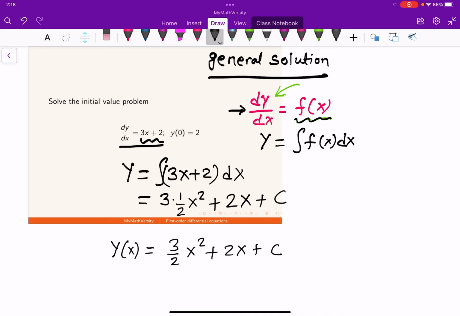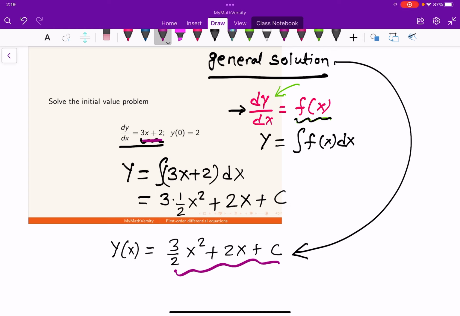This is known as the general solution of the differential equation, because if you find the derivative of this, you exactly get 3x plus 2. No matter what the constant is, all of these functions satisfy this differential equation. But I now need to solve this initial value problem. That means the function must also satisfy this initial condition.